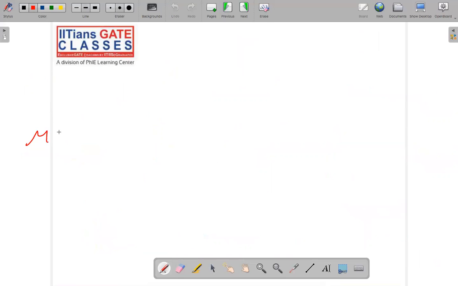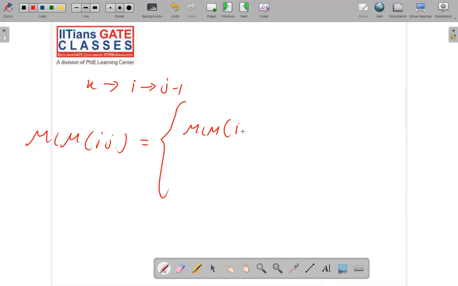Let me write it in a more generic format. MCM I,J, where X is varying from I to J minus 1. You can write it like MCM I,X plus MCM X plus 1,J.